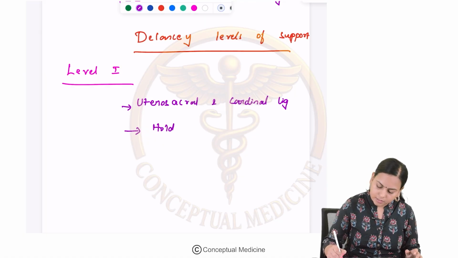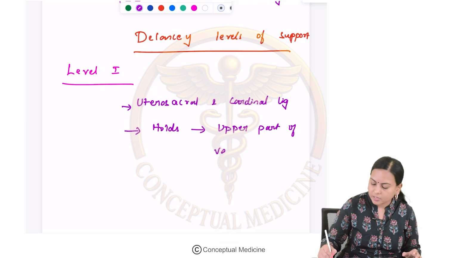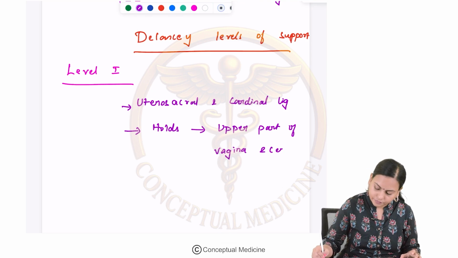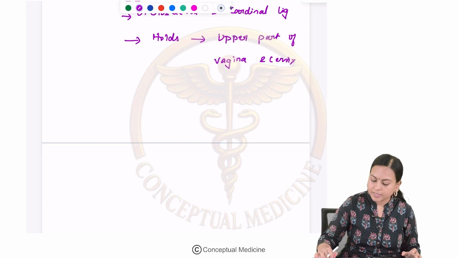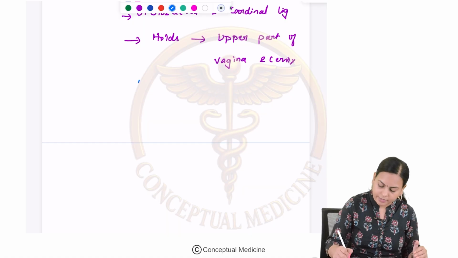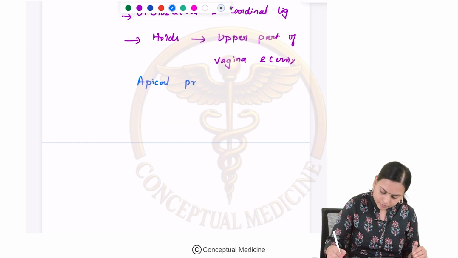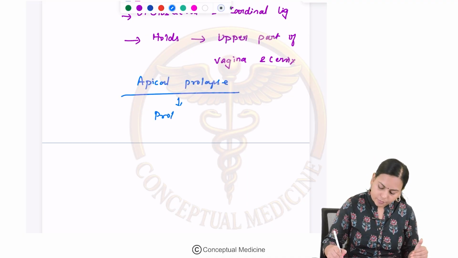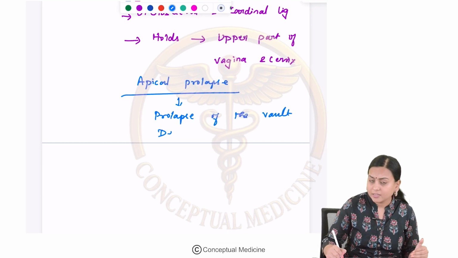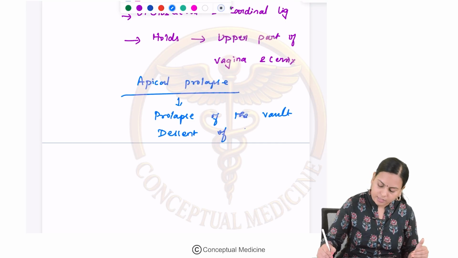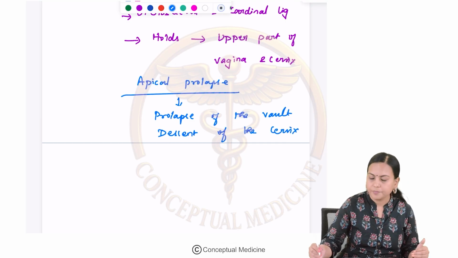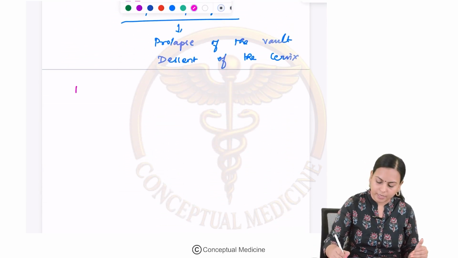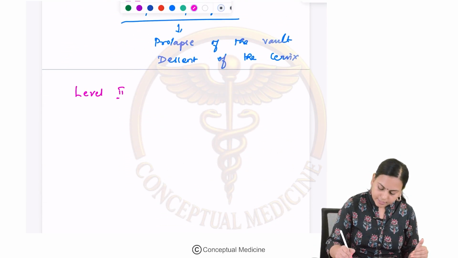This holds the upper part of the vagina and cervix, and a defect at this level will give rise to apical prolapse. That means there can be prolapse of the vault and descent of the cervix as well. Clear?